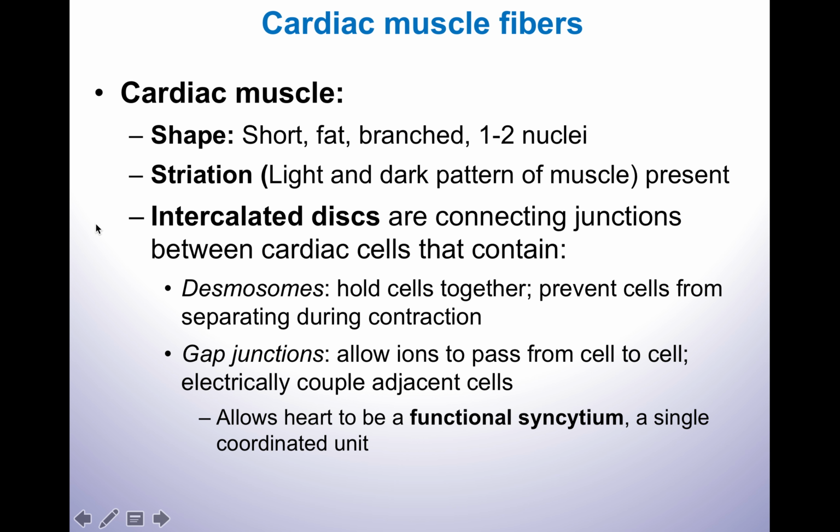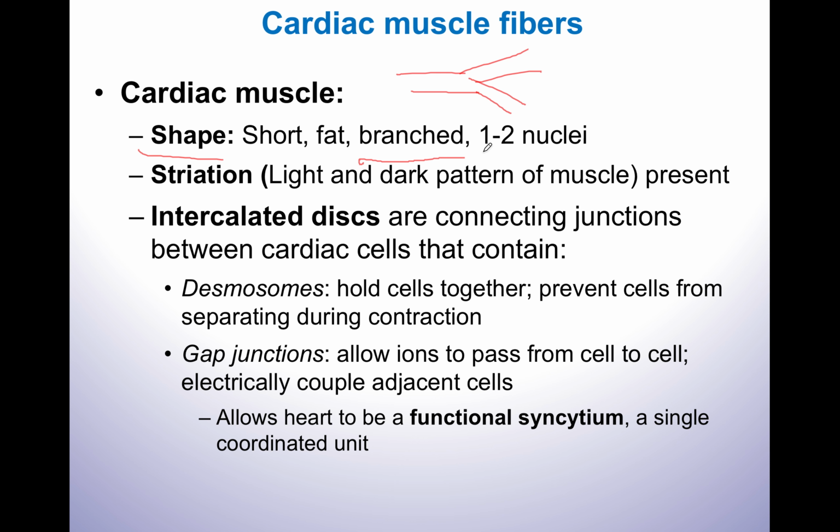Some of the characteristics which we also discussed in a histology sense early on: the shape of the cardiac muscle cell is short, fat, and branched. The key word we talked about was that branched structure, which is extremely important for spreading the electrical impulses.